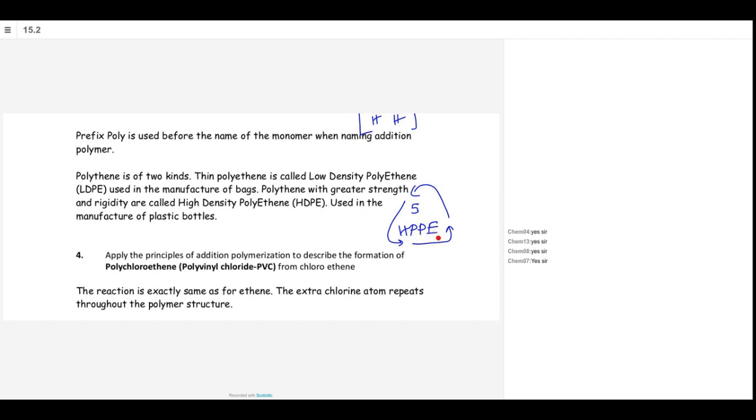If it's HDPE, it's quite better, and the number has to be 5 and above. If it's below 5, it's very dangerous for health, right? So you can check for yourself.